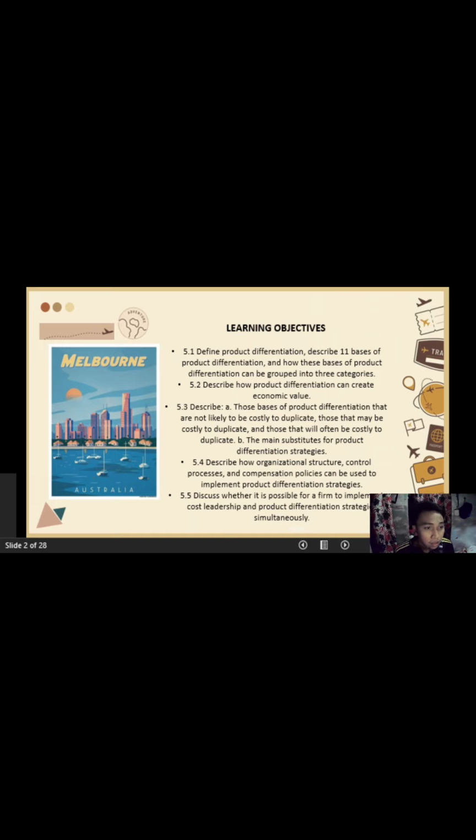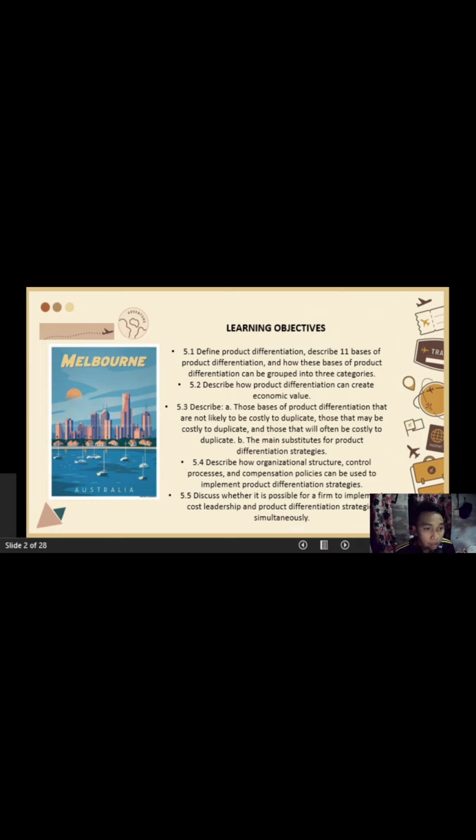Next, describe how product differentiation can create economic value. Next, describe those bases of product differentiation that are not likely to be costly to duplicate, those that may be costly to duplicate, and those that will often be costly to duplicate.